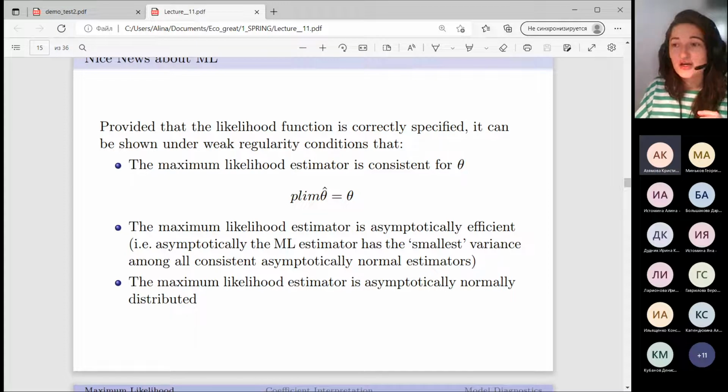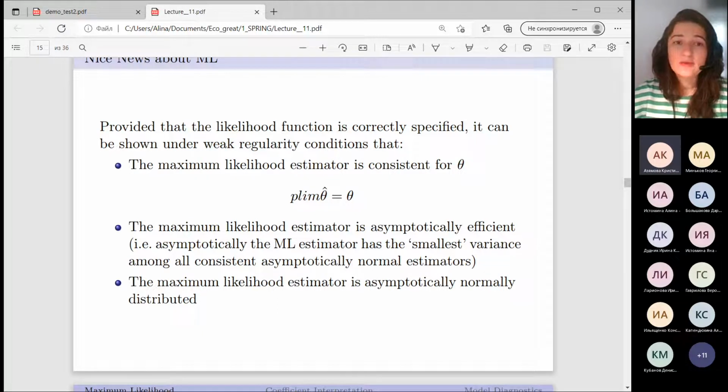Because of this, all you need is to understand this method and correctly apply all your commands in our course. It will state a software, and of course you can use other software packages to run your models and to apply the maximum likelihood method. That's the first technical good news.